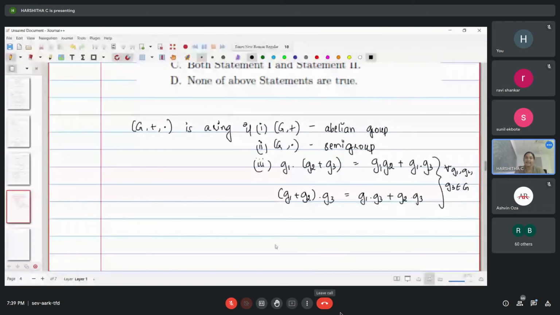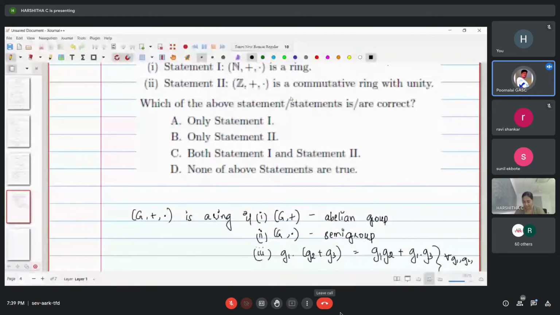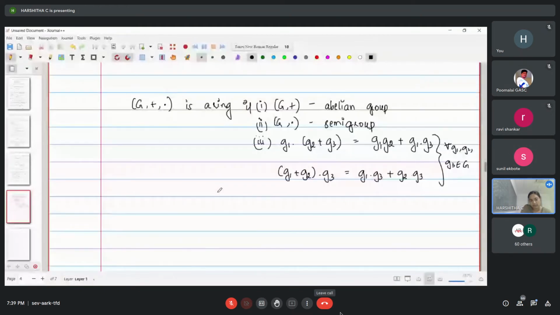So is the first one a ring? No, it is not a group, so that's why. It is not even a group under addition, because if you take, let's say, 2, it doesn't have an inverse under addition, right? So statement 1 is false because N under plus is not, forget abelian, it's not even a group.